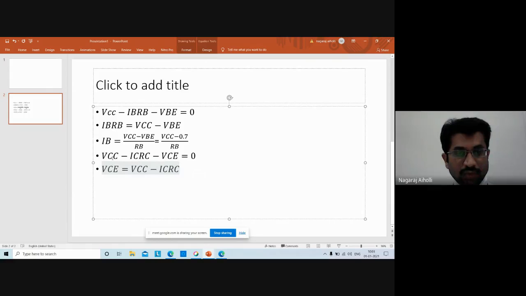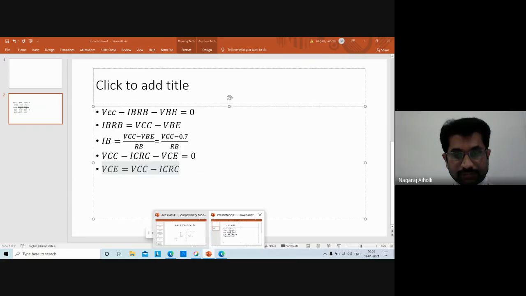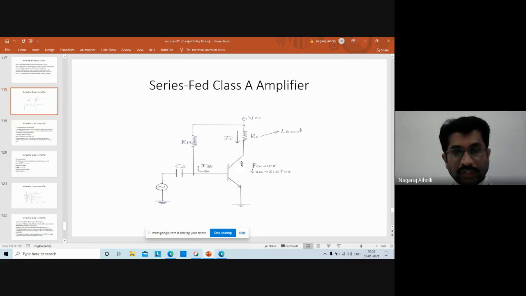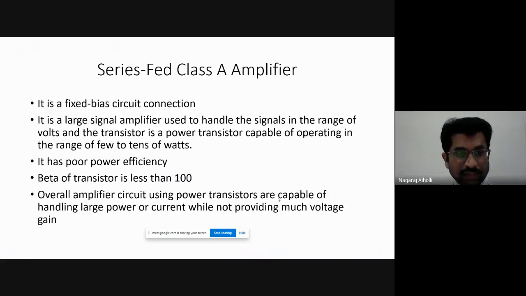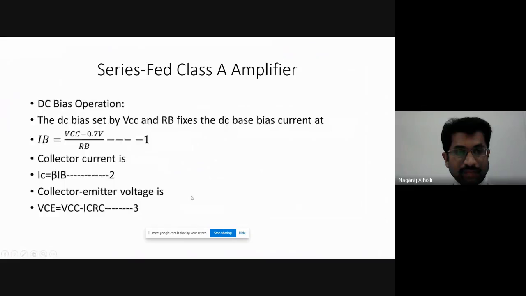Therefore, VCE is equal to VCC minus ICRC. This is the equation for the collector to emitter voltage, which we got using the KVL. Take it as equation 3.